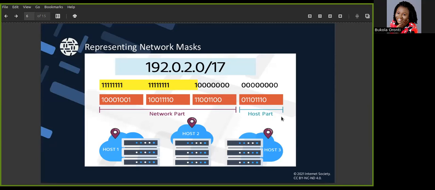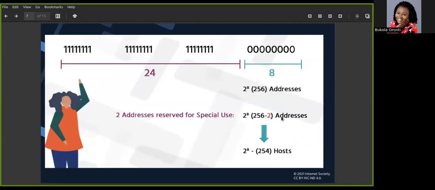The .0, the first IP in that available group of IPs, identifies the network, and the last one identifies the broadcast. So when you're talking about the available group of IP addresses within a particular network, this is an example.